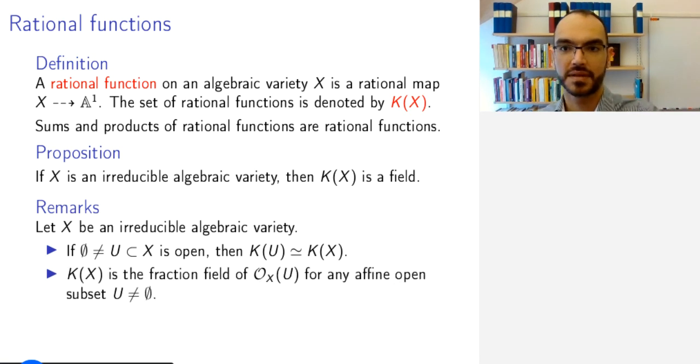The next remark is that this field K(X) is the fraction field of the coordinate ring of any affine open subset U different from the empty set. So remember that X being an algebraic variety means that it has an open cover by affine varieties, and X being irreducible means that any such non-empty affine variety is dense.